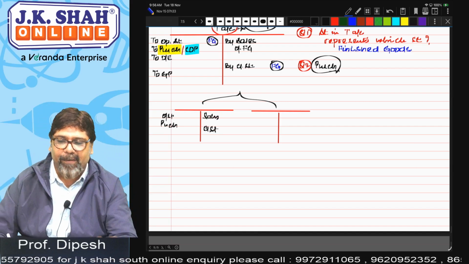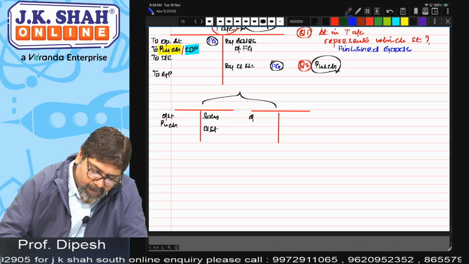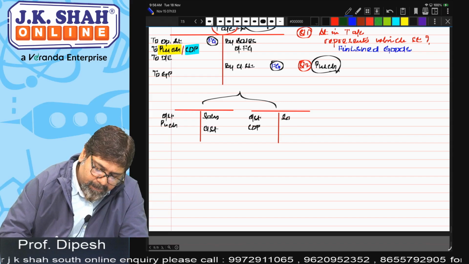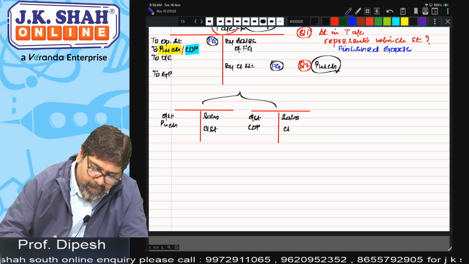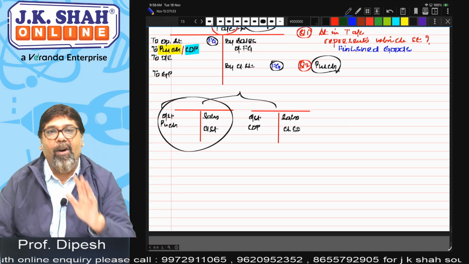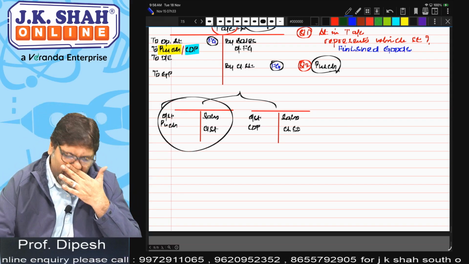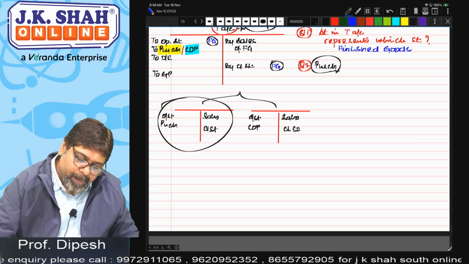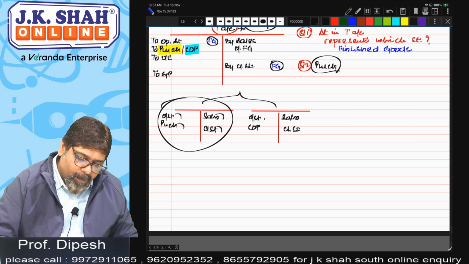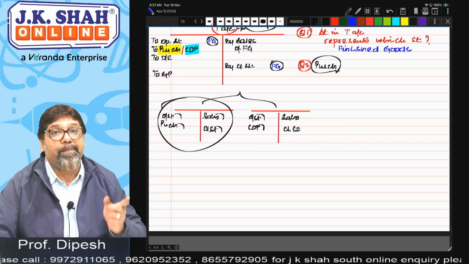But trading account of manufacturer is opening stock, cost of production, sales, closing stock. All items are of finished goods. Opening stock of finished goods, purchase of finished goods, sales of finished goods, closing stock of finished goods. Over here, opening stock of finished goods, cost of production of finished goods.